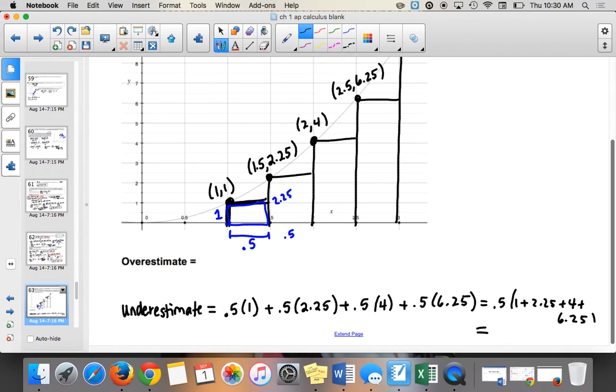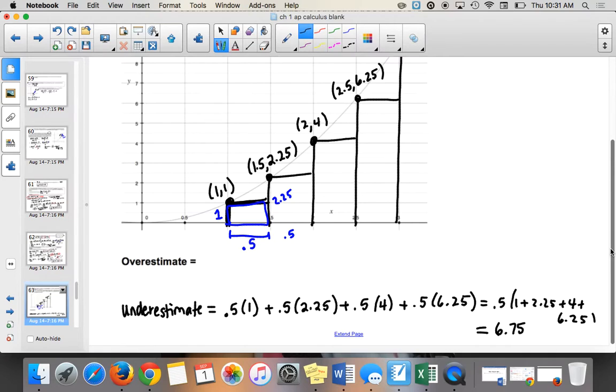Did you guys get 6.875? Is that right? Oh, nope, I forgot something. I did 2.5 by accident, it's 6.25. So the answer is 6.75. Did you guys get that? All right, so that's an underestimate. That's not quite filling the entire area.